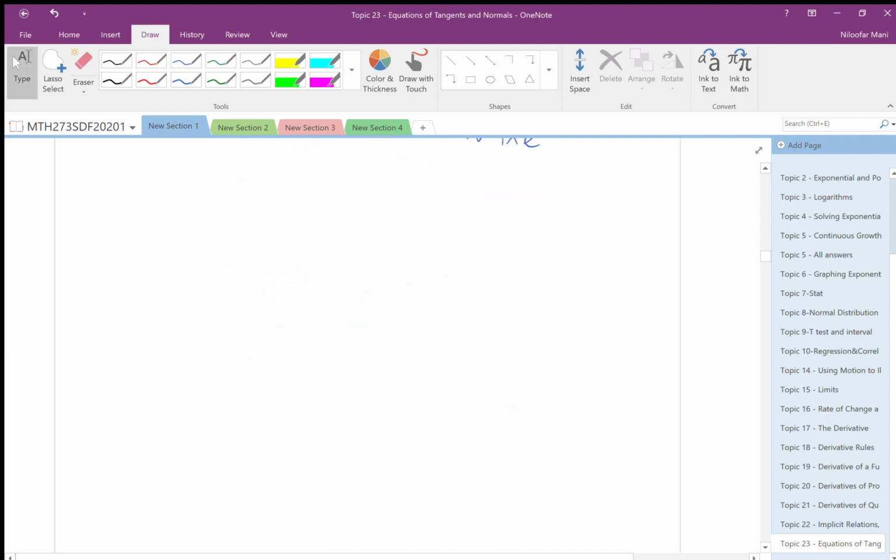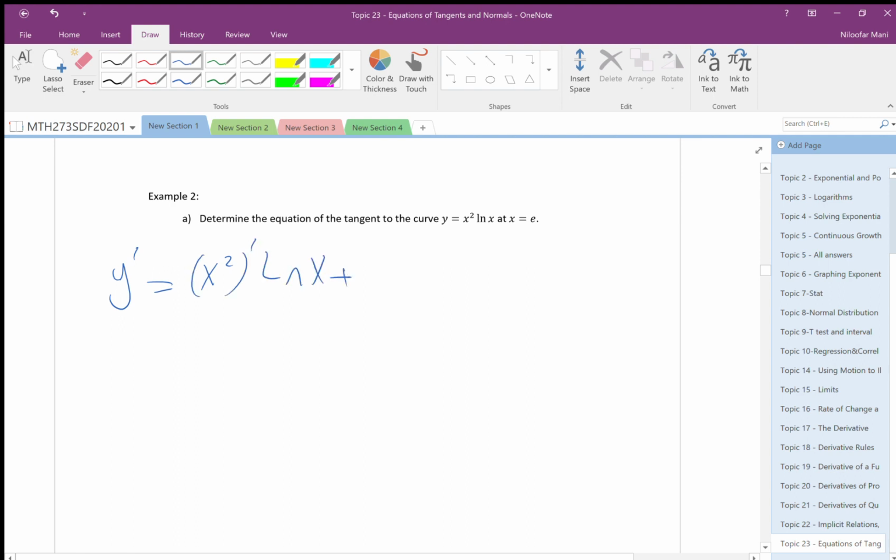Now I go here. Determine the equation of the tangent line. It's a very nice question. You have to do the first derivative, y prime: the derivative of x squared times ln x plus the derivative of ln x times x squared.